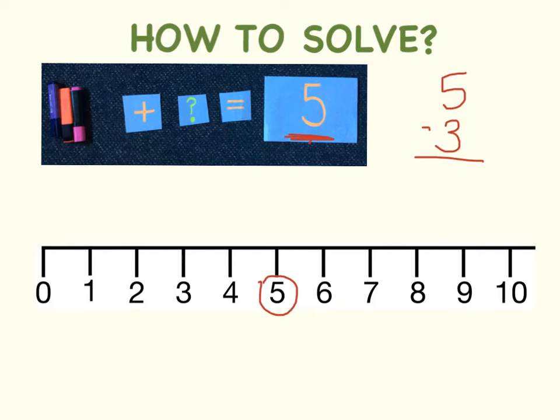We're taking away 3 because we can see we've got 1 purple one, so we'll go 1 for the purple. And then we've got 1 orange one, so we'll go 1 for the orange one. And then we've got 1 pinky one, and also we'll take 1 for the pink one. And where do we end up then? What number are we now on? We are now on the 2.